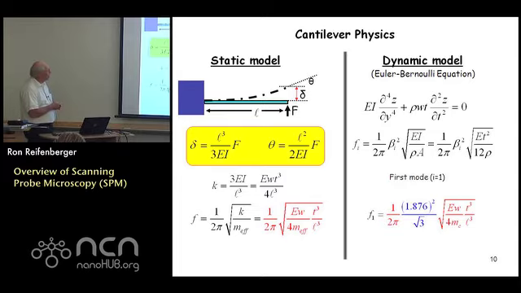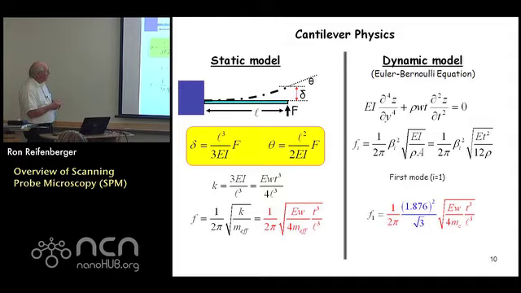So E is the elastic modulus of the material. Usually the material of choice is silicon. L is the length of the cantilever. I is the areal moment of inertia of the cantilever. So this is geometry, this is materials, this is geometry. So you can calculate that proportionality.